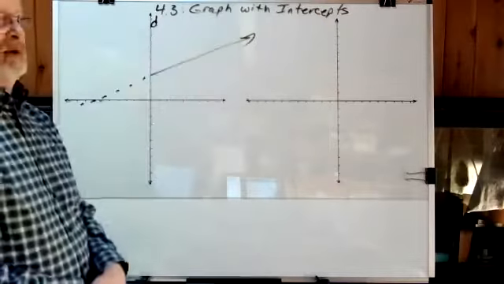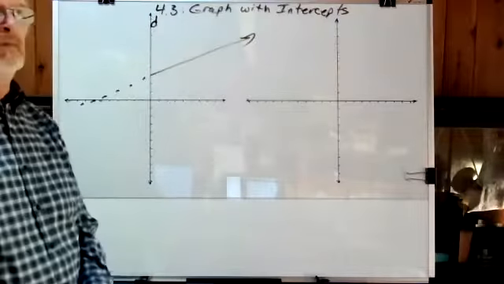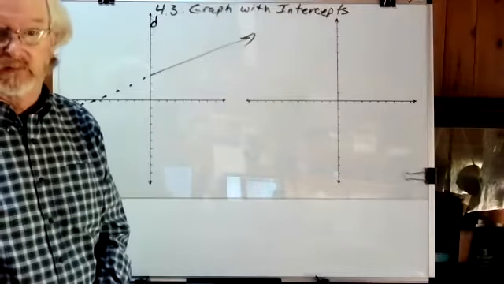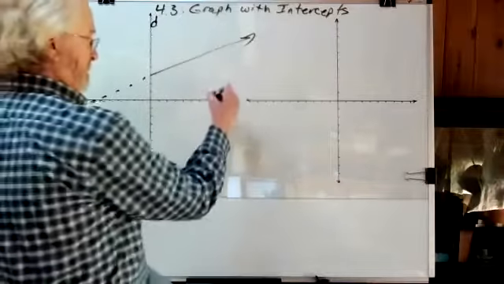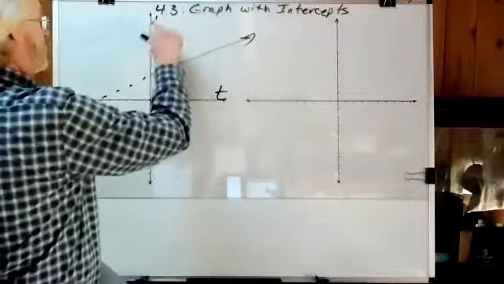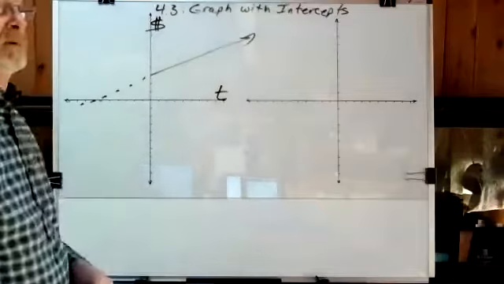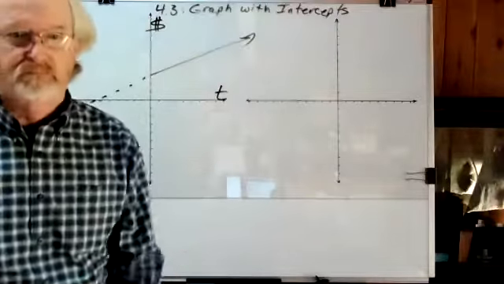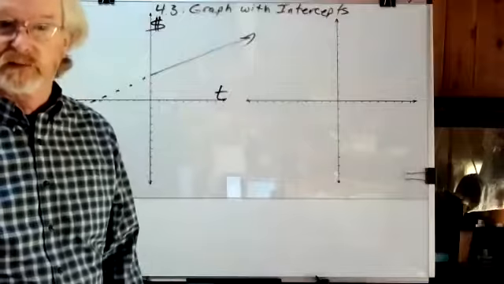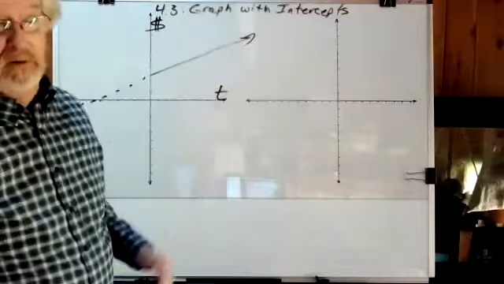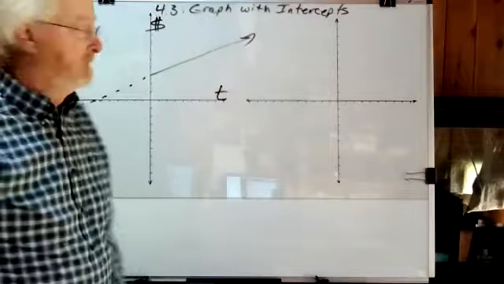But let's say this graph represents the value of a certain investment over time. The value of some money that I saved or put into an investment. Hopefully it's growing over time, all right?